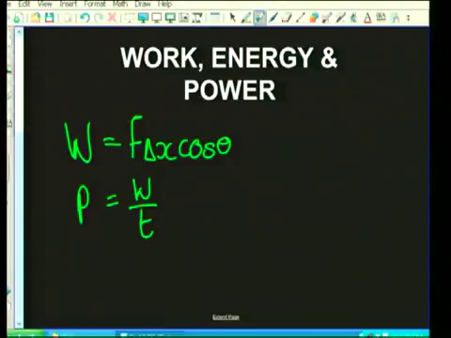Now power, you have two equations, power equals W over T, and you have F times V. F times V is actually a nice equation, but it is only valid when you have a constant velocity. If the object changes velocity, in other words, its kinetic energy changes, you cannot use P equals FV. Be very careful, they're going to try and trick you out with that one, okay? Then you have to use W over T.